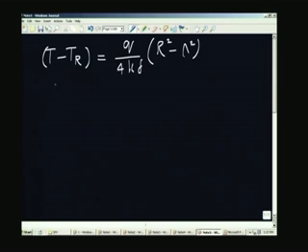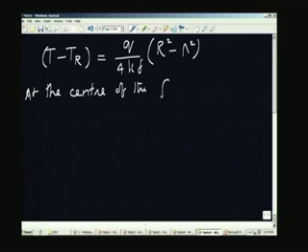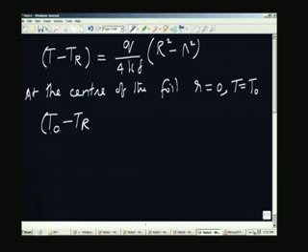If I put r equal to 0, so at the center of the foil we have r equal to 0, T equal to T0, and therefore T0 minus Tr is equal to Q R squared by 4 k delta.